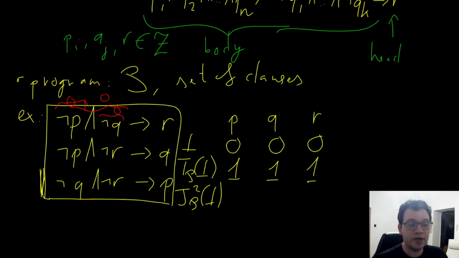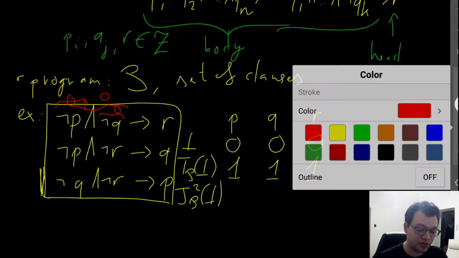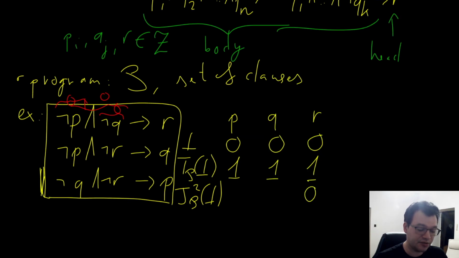So the new value of R, being the supremum of the bodies of the clauses containing R as a head, will be 0. The new values for Q and P are also 0, which means it just bounces back and forth between the 0 and 1 assignments.